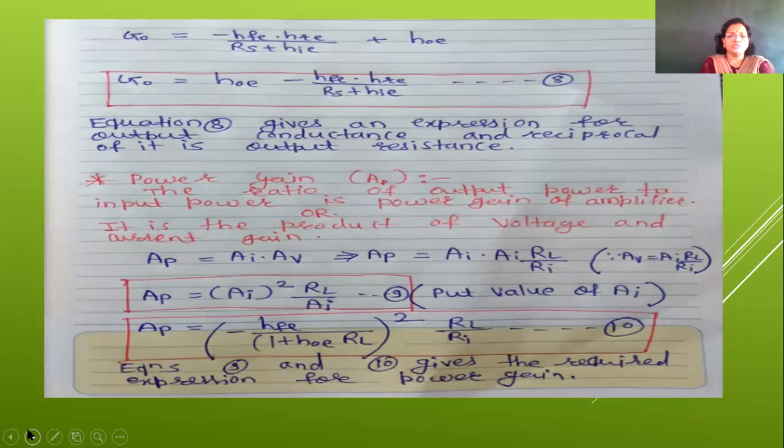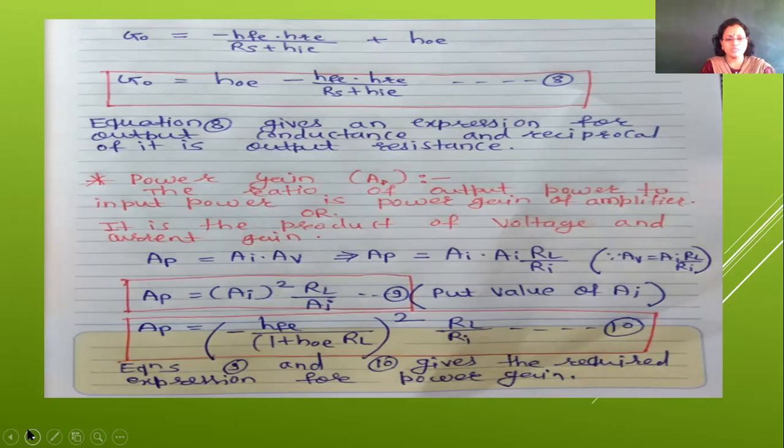Now the next parameter to find is the power gain, denoted by AP. The power gain is the ratio of output power to input power of the amplifier, or it is the product of voltage gain and current gain.